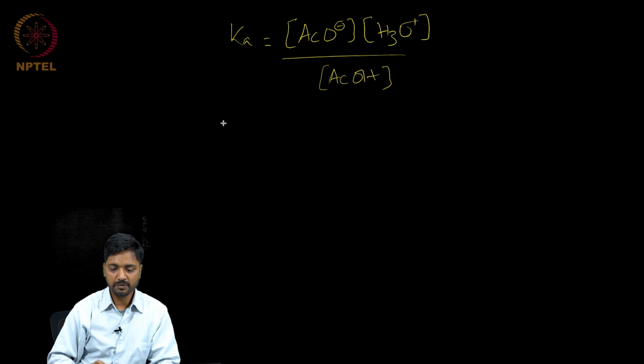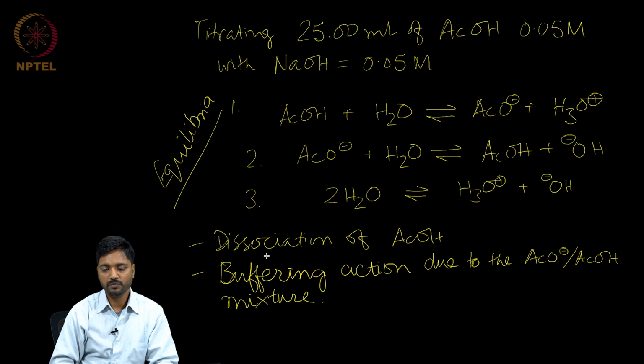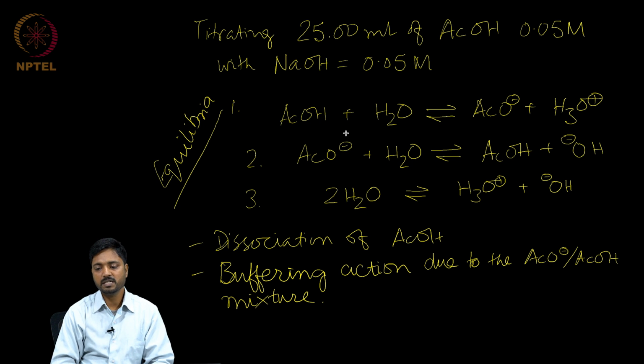If we look at the equation in the previous page, what we observe is that the acetic acid concentration will be reduced by undergoing dissociation in water to form the acetate, and it will be increased when the acetate takes up water and forms the acetic acid.